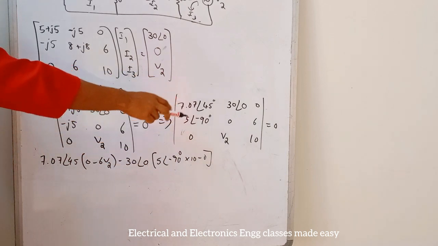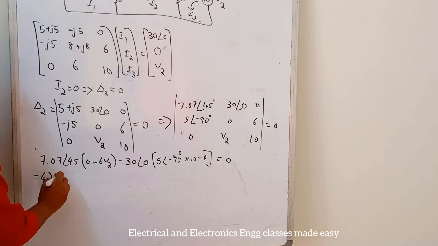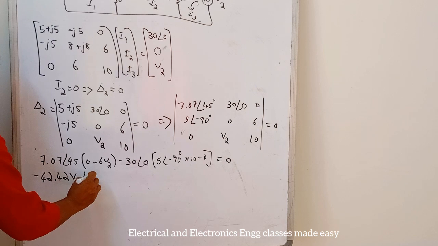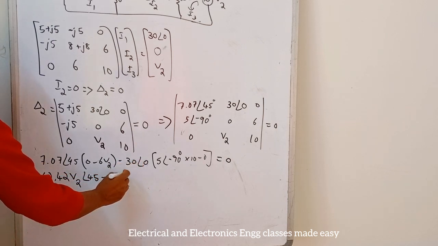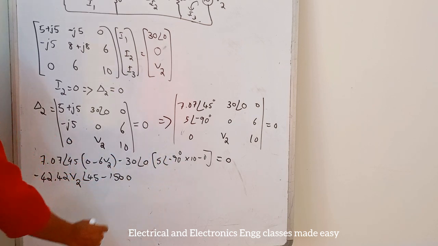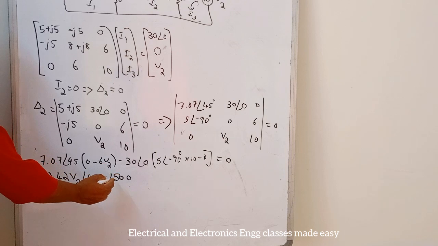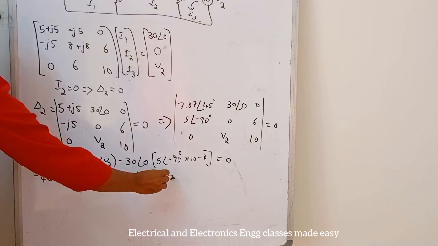Then the next one is 0, and equate it to 0. Now we can simplify. So here we get minus 42.42 V2 angle 45. Then here we get minus 150, then into 10, so 1500. So 1500 angle minus 90 equal to 0.